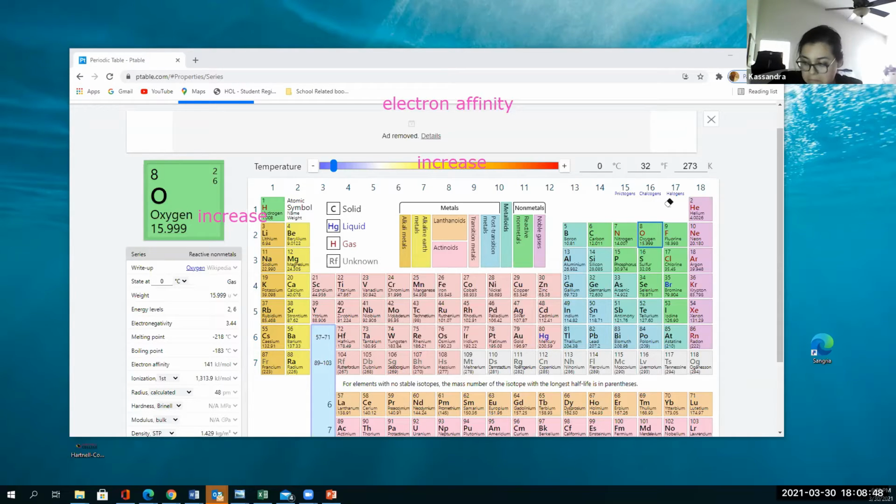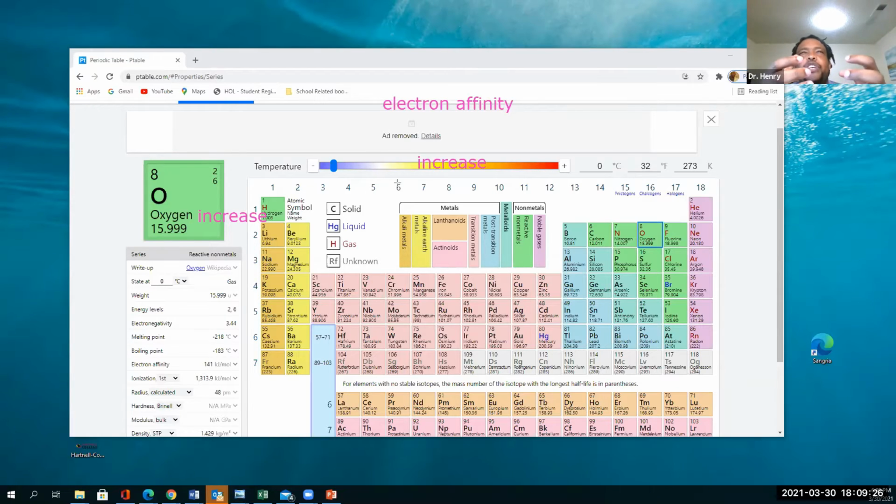Affinity means kind of like, I have an affinity for ice cream. You really like it? I really, really want it, right? I really want ice cream, even when I shouldn't be having it. I love ice cream, and strawberry cake. I have a huge affinity for ice cream and strawberry cake. So electron affinity is the desire to add an electron.